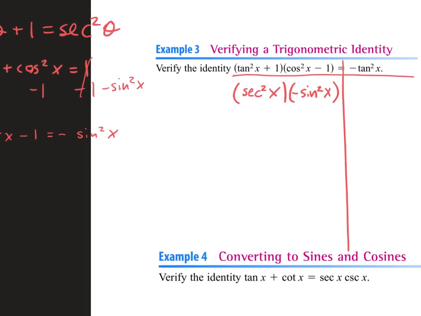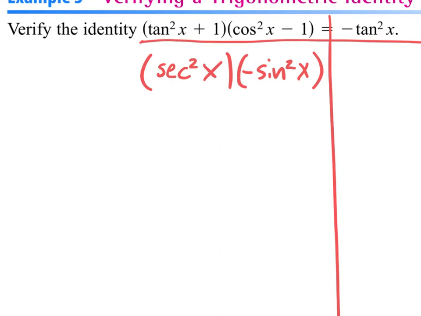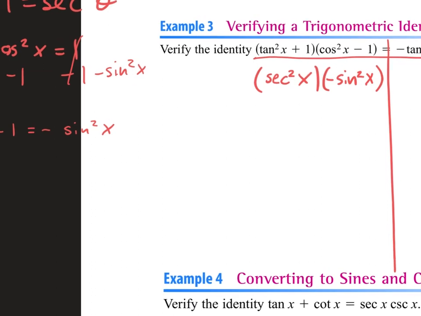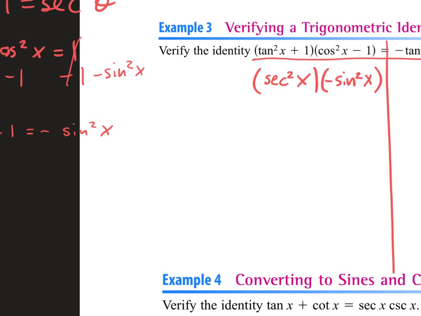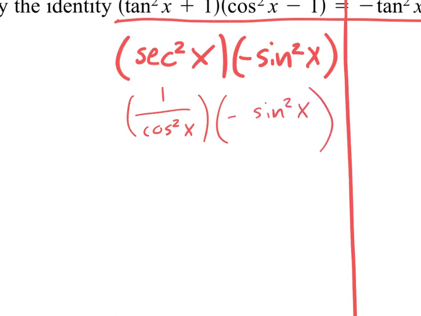What can we do next? Change secant squared to 1 over cosine squared. What should we do next?